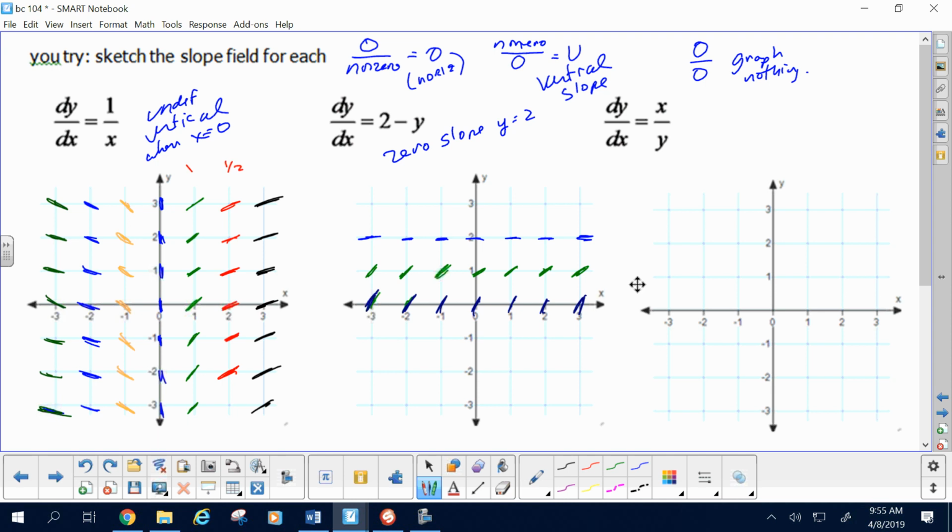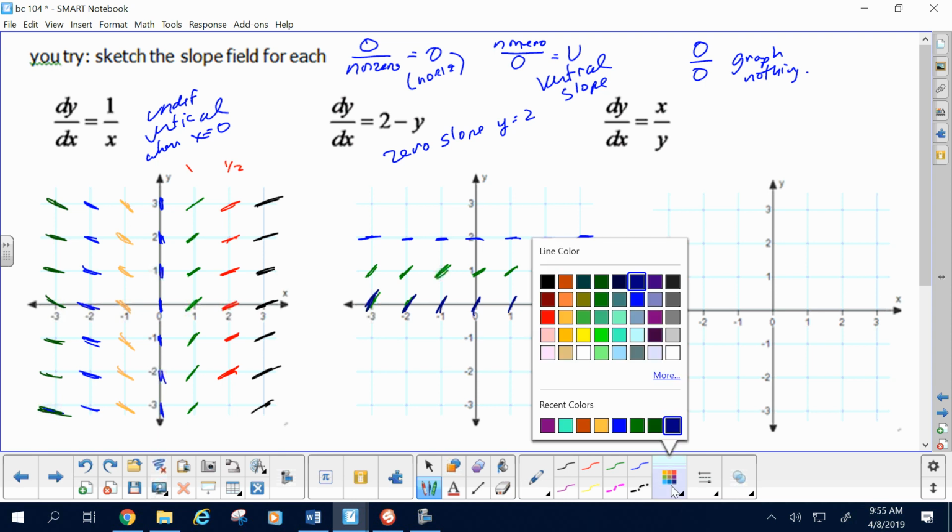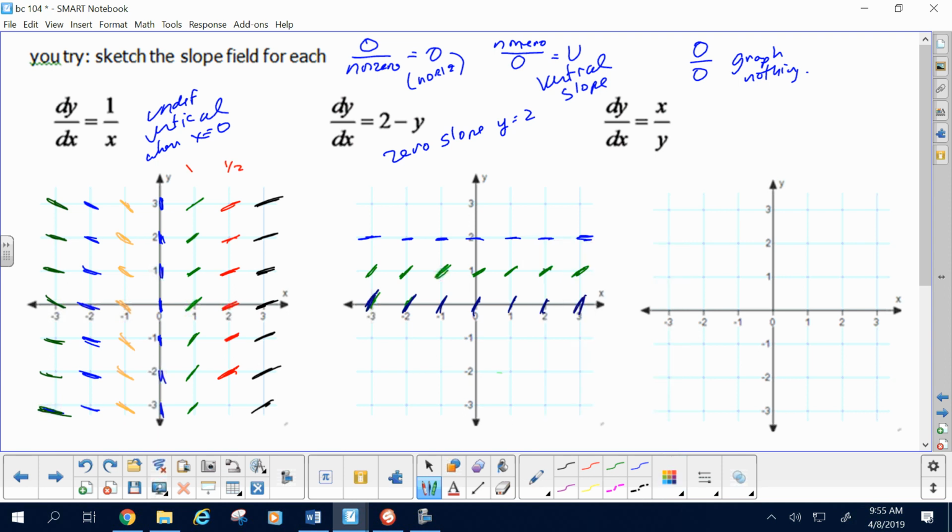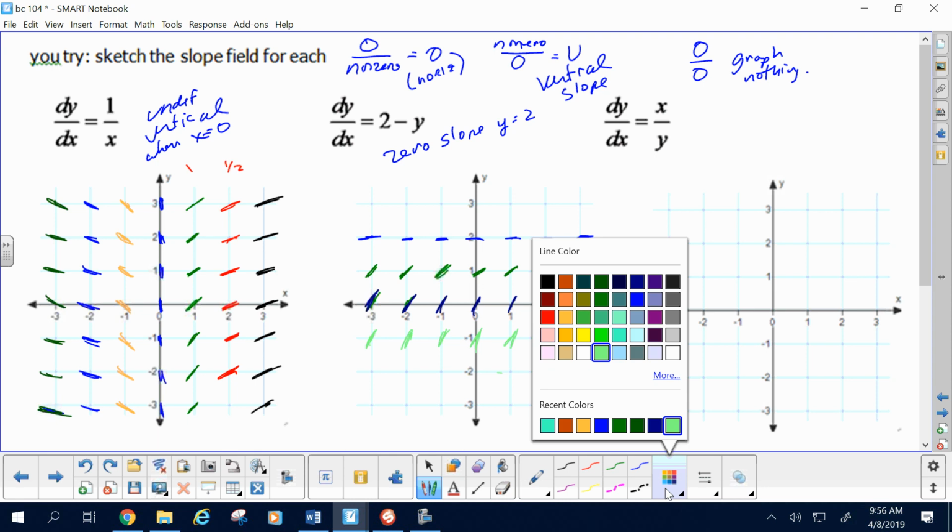Two minus negative 1 is 3. Very low. And they're just going to get steeper and steeper as you go down.